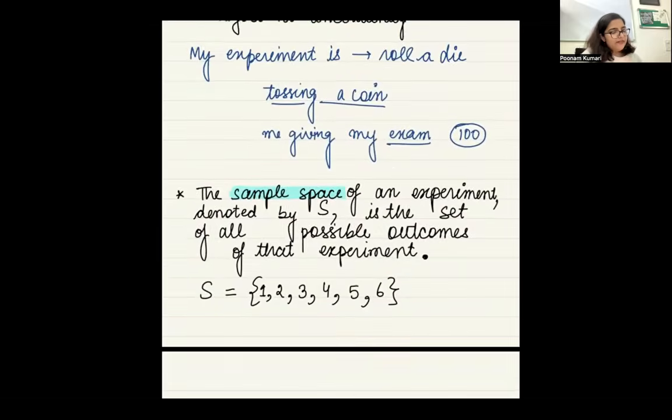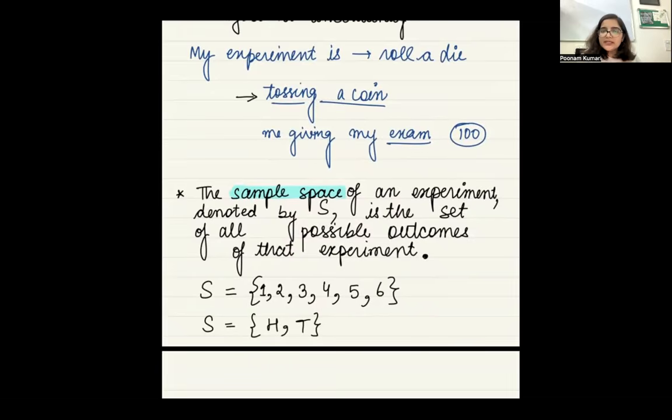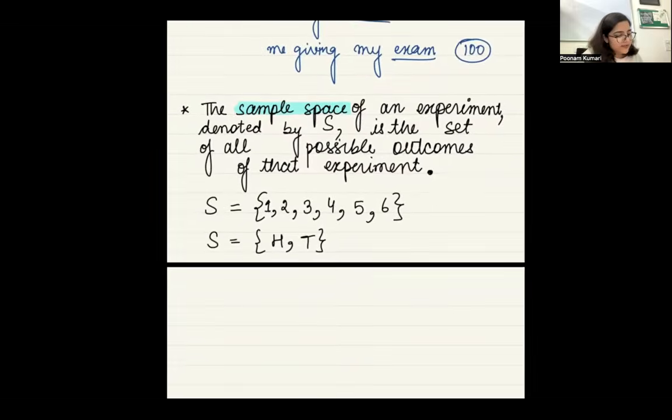Okay. If my experiment would have been to toss a coin, then what would have been my sample space? Whether head comes on top or tail comes on top. If I toss a coin 2 times, then what is my sample space? It can happen that first time head comes, second time also head comes. First time head comes, second time tail comes.